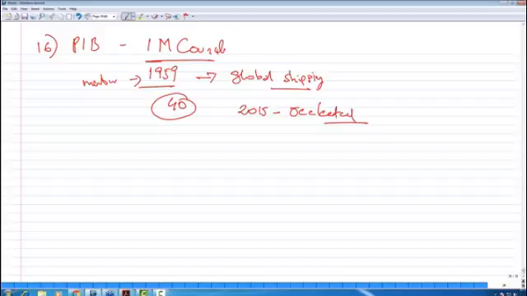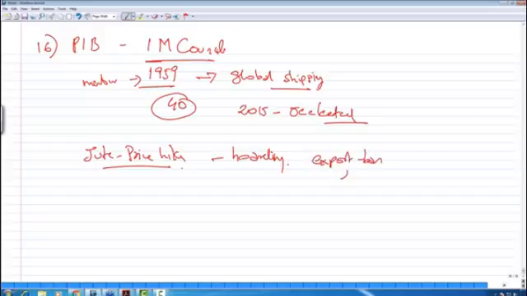Another issue which PIB had picked up and covered is the jute price hike. There was inflation happening in the jute industry in India. This was happening because of a lot of hoarding, and there was an export ban by Bangladesh.